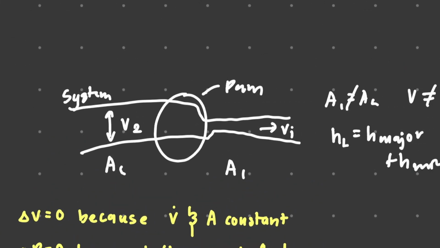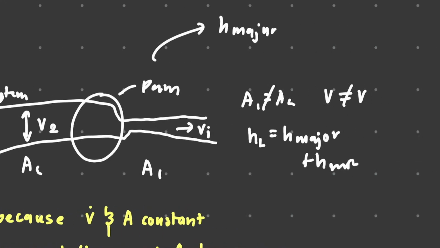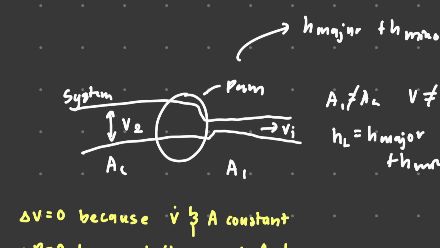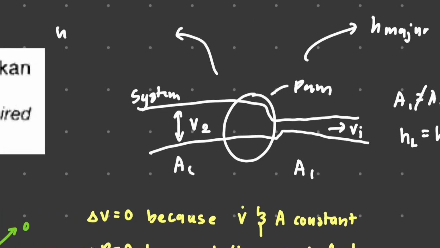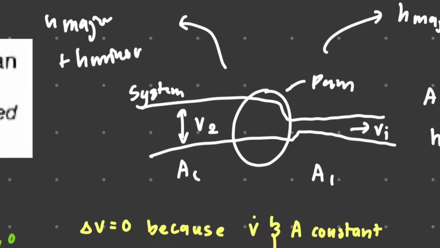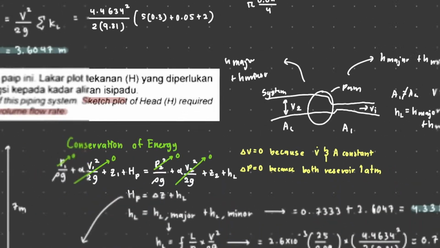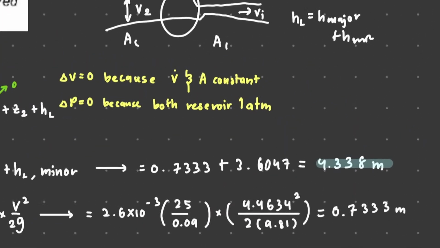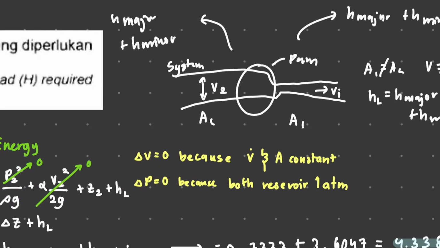So you need to consider H major plus H minor over here, and also H major plus H minor separately, and then you add them, because they will have two different velocities. Over here we assume that the change of velocity equals 0, because the flow rate and the cross-section area are constant.